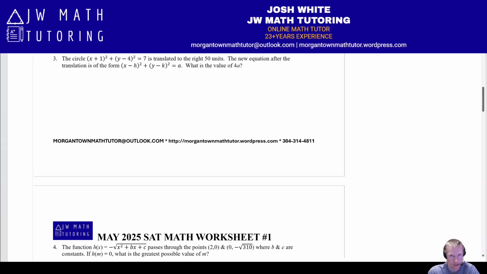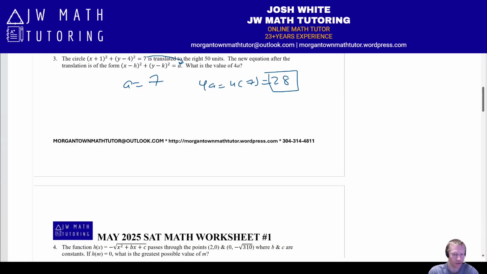So in the new equation here, 7 is just the value of a. In other words, the number on the right side of this problem doesn't change, it stays the same. So a is 7, so what's 4a? Well, 4a is just 4 times 7, it's 28. That's it. There's no other work to do.